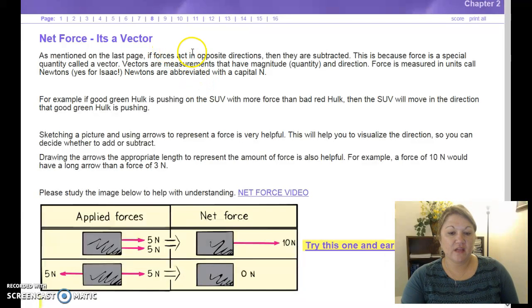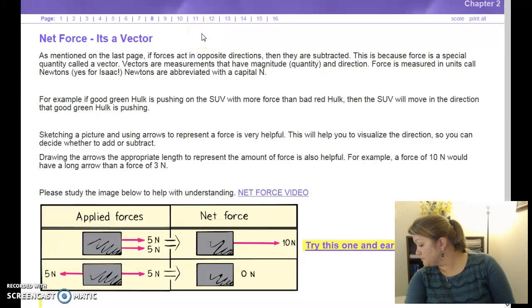Okay, so we talk about vectors and how to handle those, and we also talk about equilibrium, which is balance. You know, for all the forces, you could have 100 forces on one object, but if they all balance each other out, then that object's going to stay just like it is. Alright, and that's called the equilibrium rule, and we talk about that in this chapter as well and give you some examples of how to deal with that.